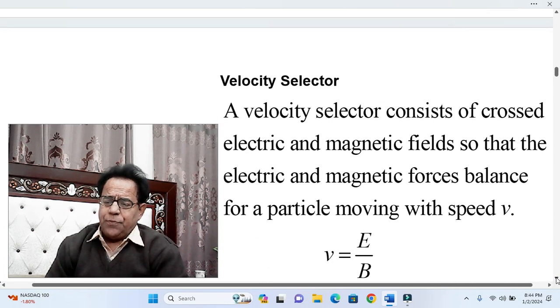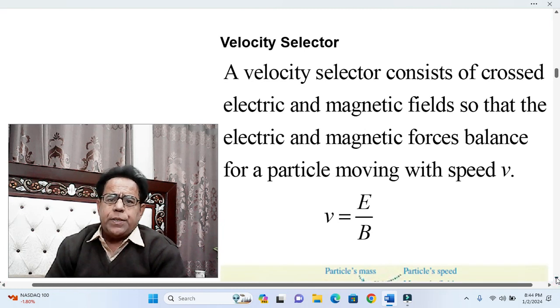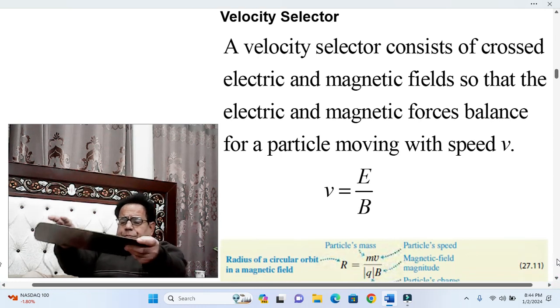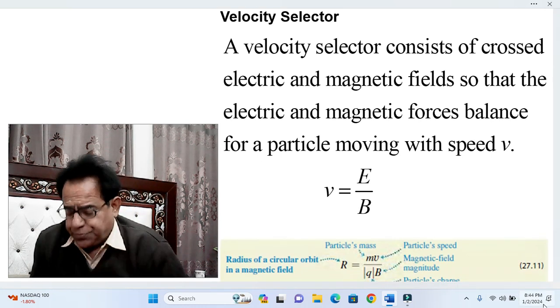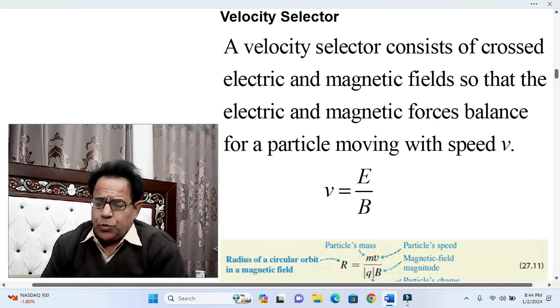Next, velocity selector, the term which has been used in the statement. What is a velocity selector? We find some material about this term from this snapshot.